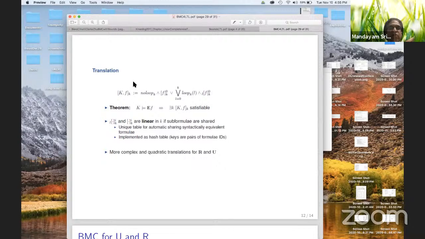See, there's one interesting thing that I want to show you. Eventually, LTL model checking is PSPACE complete, okay? So you can't hope for better. These translations are still linear and quadratic in the size of the thing. So the answer to your question is, it is still linear.